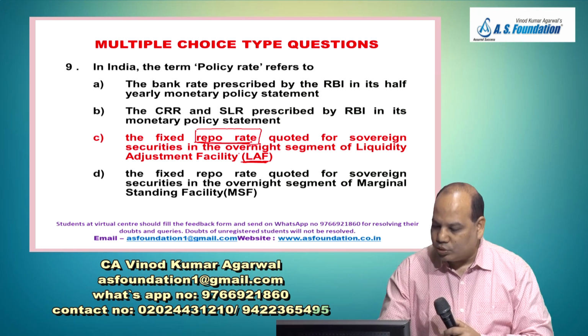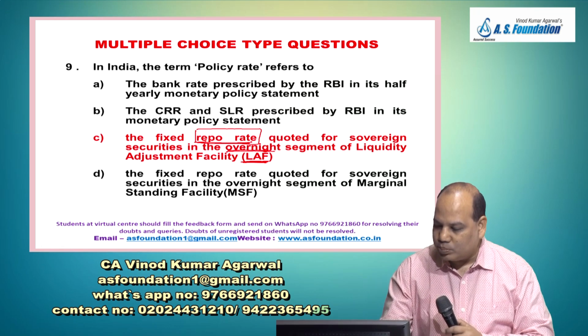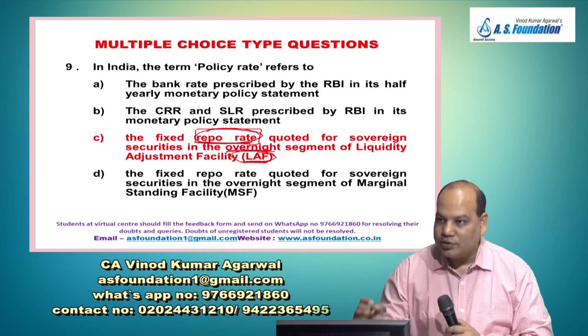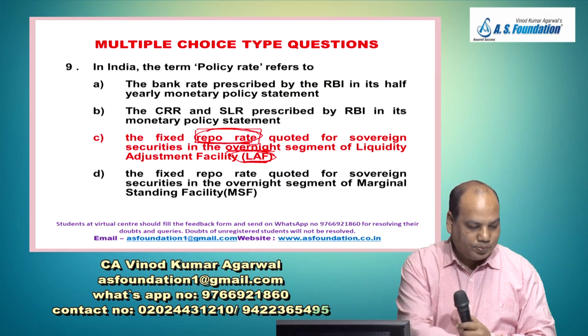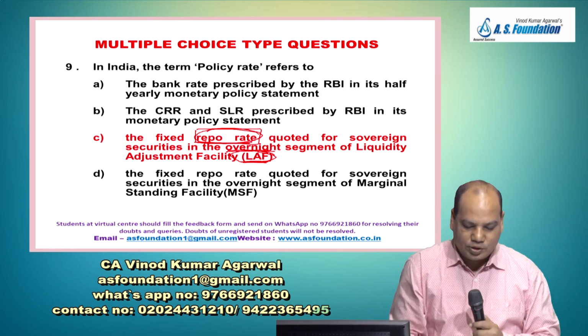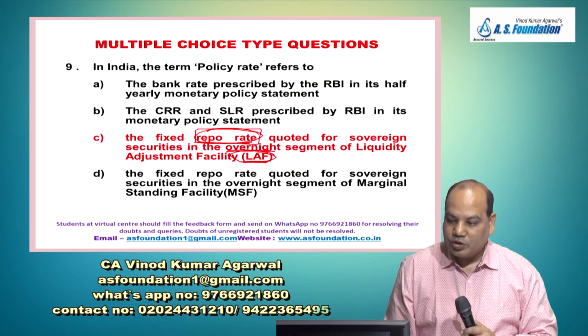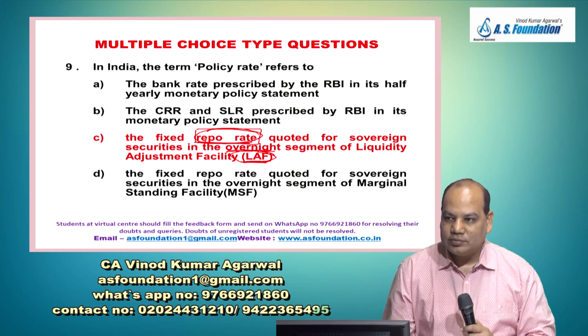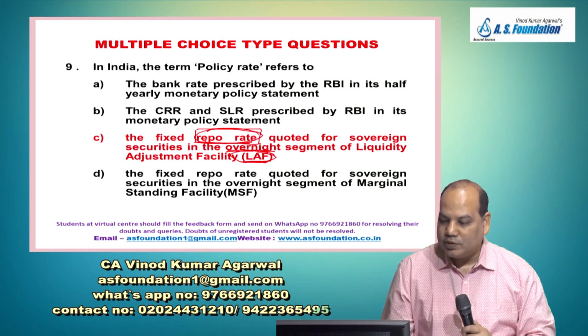Although they have used the word overnight, I will check why they have used it, but do not give more importance to this term. Give more importance to repo rate and liquidity adjustment facility. Okay, so what you do, come to your notes, liquidity adjustment facility, and add one sentence there.